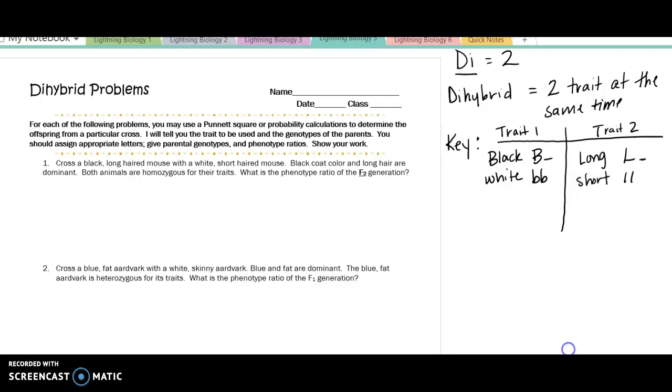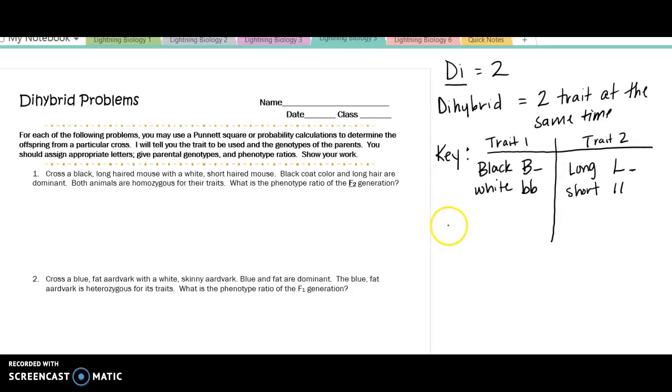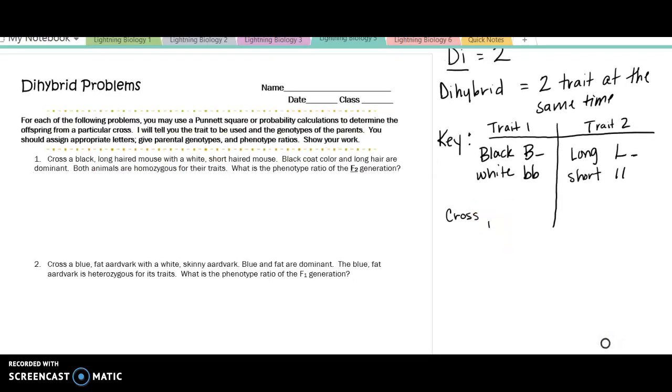All right, our cross then in this case is a black long-haired mouse.